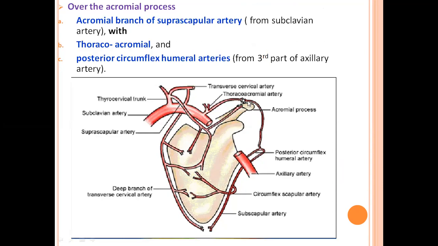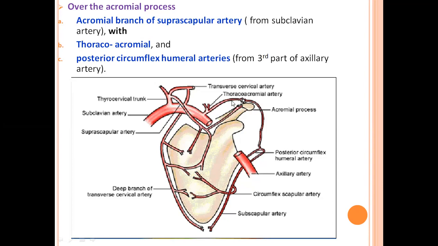Not only that, there are 3 blood vessels taking part in the formation of an anastomosis around the acromion process. We have the acromial branch of the suprascapular artery, coming from the thyrocervical trunk. We have the acromial branch coming from the thoracoacromial artery, one of the branches from the second part of the axillary artery.